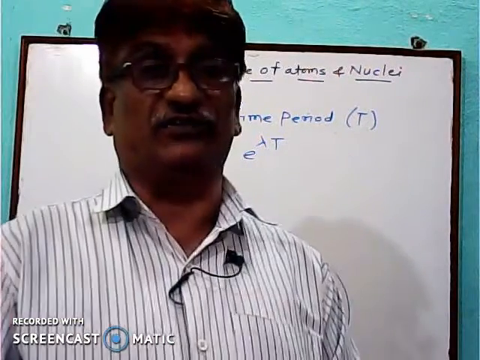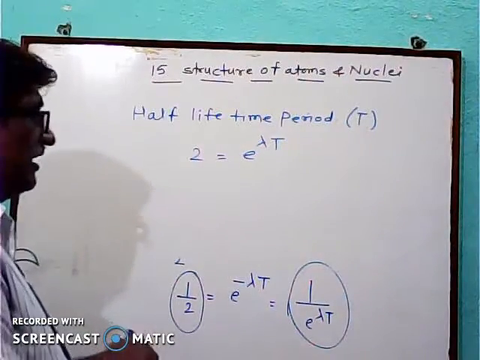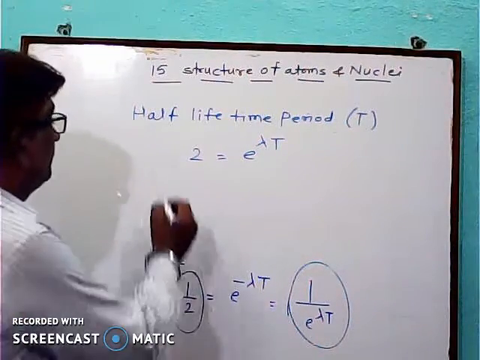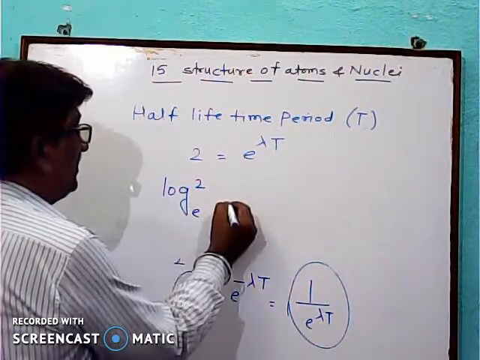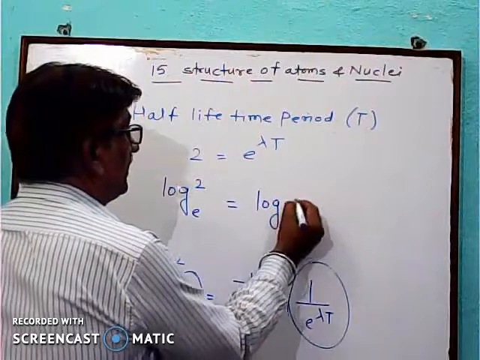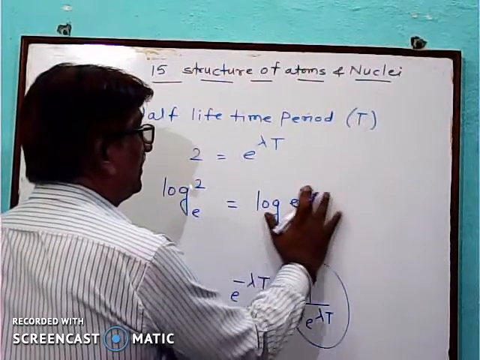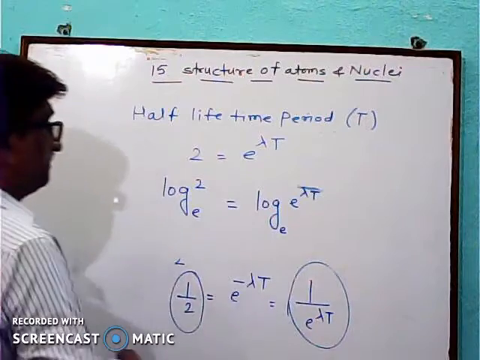If a question is asked, remember, take log on both sides. What happens? Log of 2 to the base e is equal to log of e raised to lambda capital T to the base e.